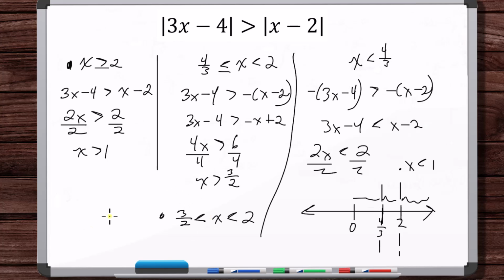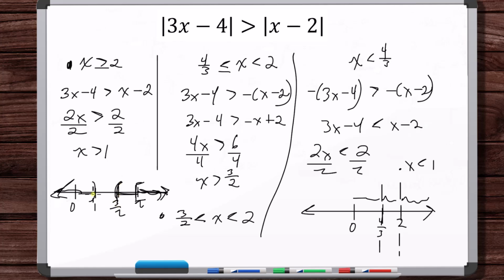So now we just need to apply an or here to all of these. We've got 1, 2, and 3 halves. So x is greater than or equal to 2, x is less than 1, and then x is between 3 halves and 2.